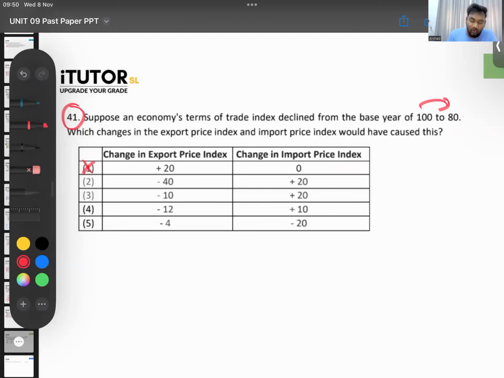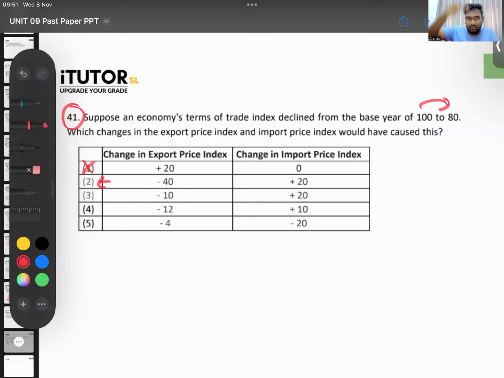Export price index has fallen by 40. Import price index has increased by 20. Can the TOT fall? Maybe. Right? We look at the other. Export has fallen by 10, import has risen by 20. Can be.